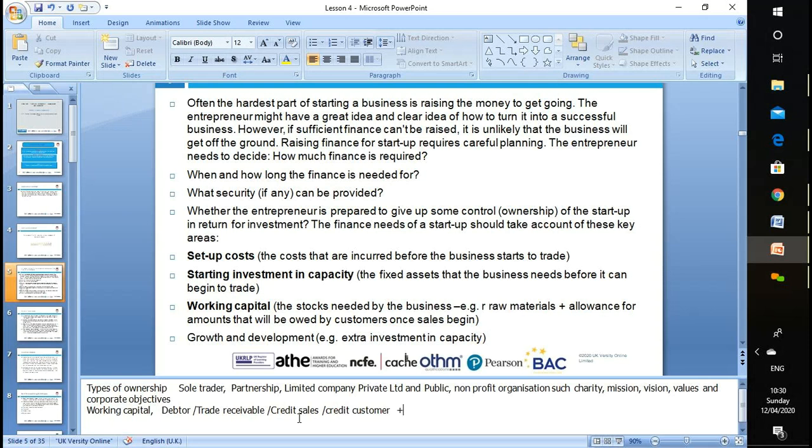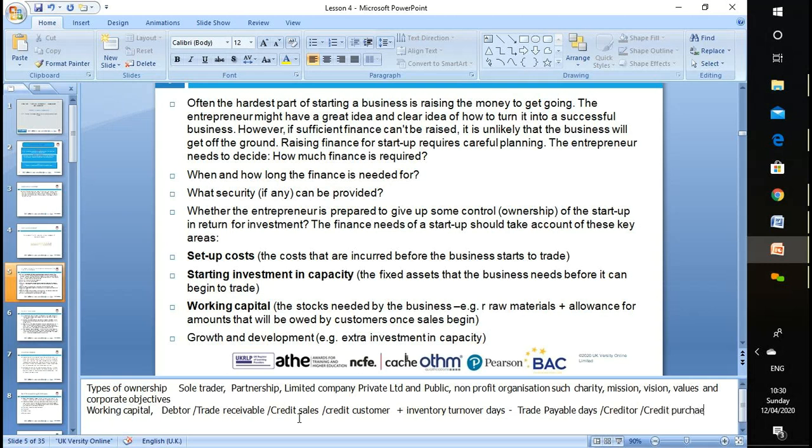So you need to look at trade receivable days, plus inventory turnover days, meaning how many days your inventory takes to be converted into finished goods and sold, minus trade payable days. These are also known as creditors or trade payables.